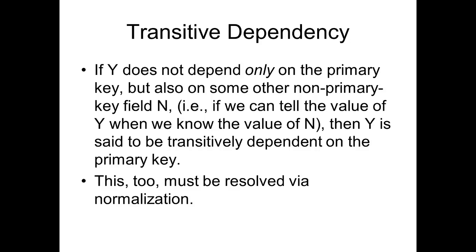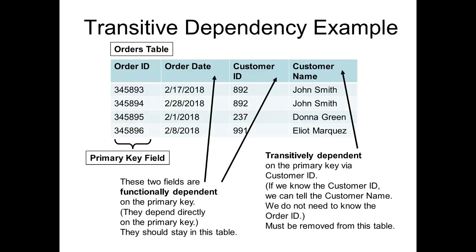That also is another problem, and it needs to be resolved through normalization. For example, in this orders table, the customer name column doesn't directly depend on the order ID column. It depends on the customer ID column, which in turn depends on the order ID column, which is the primary key field for this table.